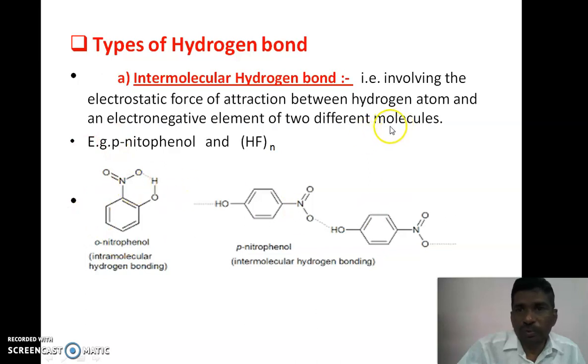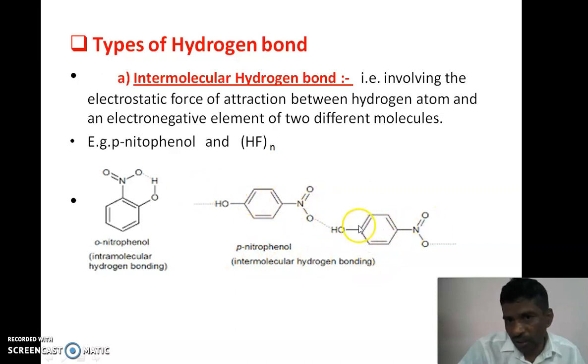Two different molecules. Now here see the nitrophenol and HF. We saw HF previously, two different molecules. This is P-nitrophenol and another P-nitrophenol.